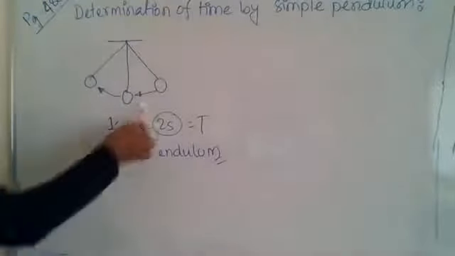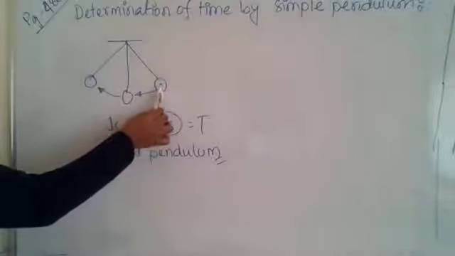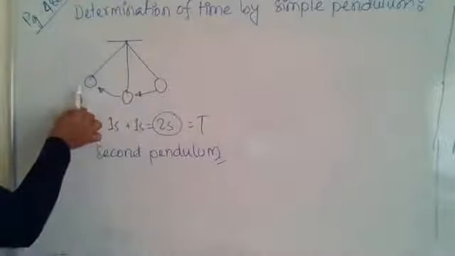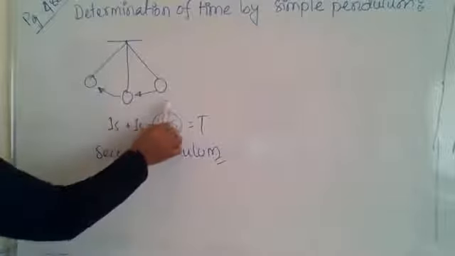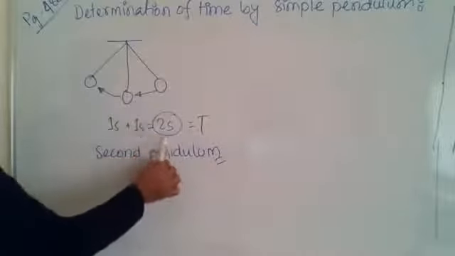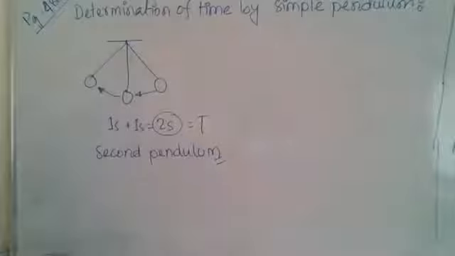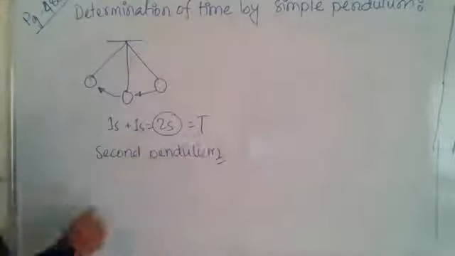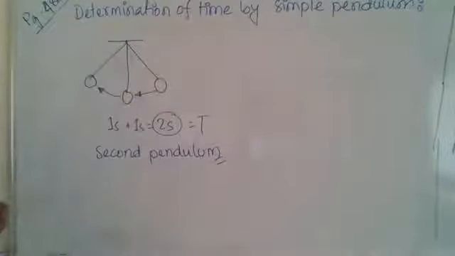It will take 1 second to move from this point to this point, and then another 1 second to come back. So a total of 2 seconds is required to complete one oscillation, and the time required to complete one oscillation is called the time period. So in the definition, you can write: if the time period of a pendulum is 2 seconds, then that pendulum is called a second pendulum. Now we can come back to our topic again, page 488.